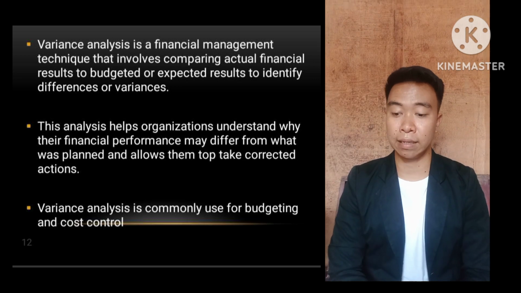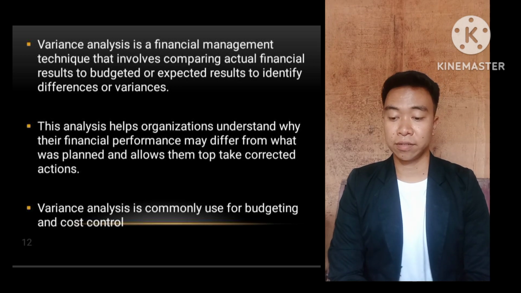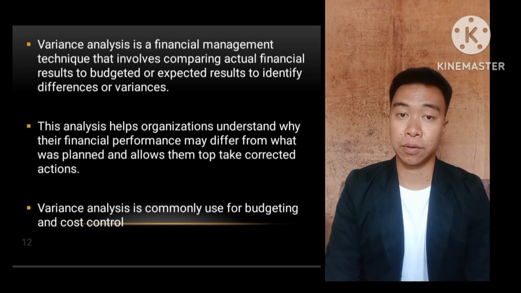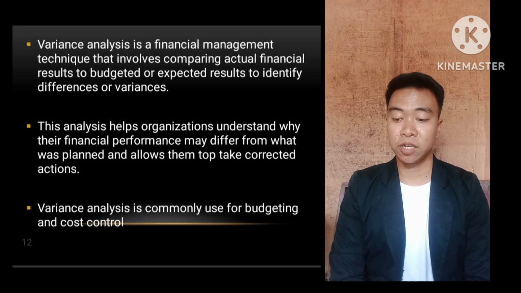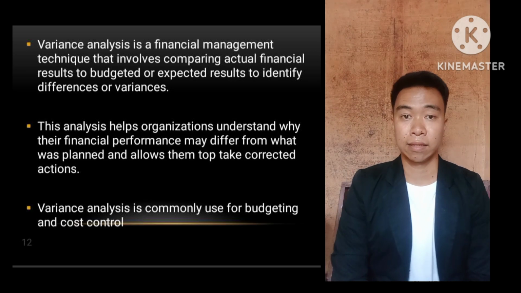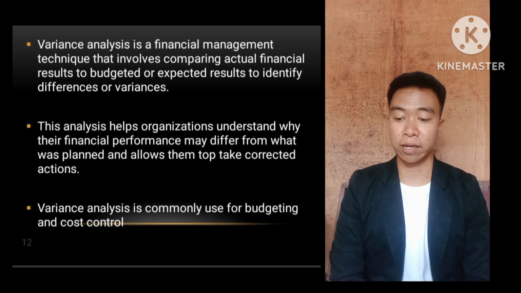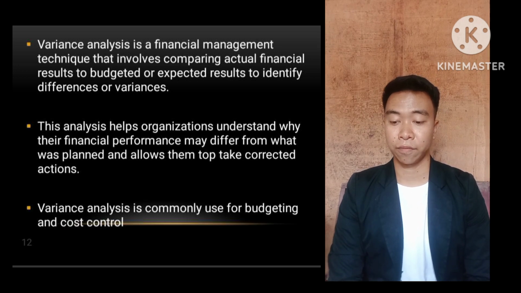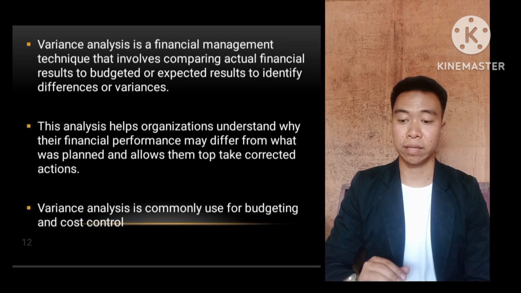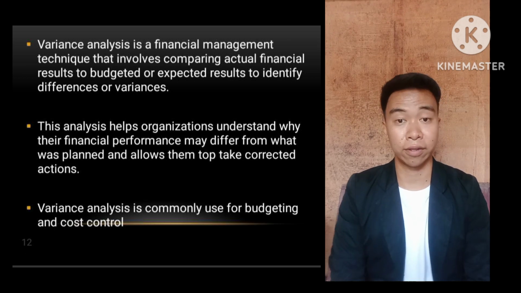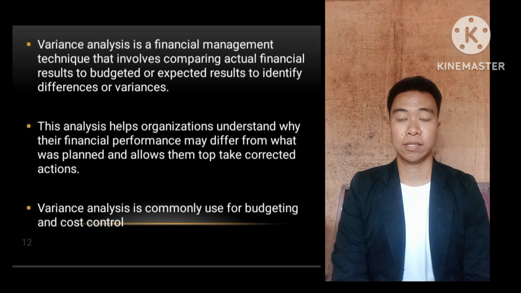So your plan was to sell 500 items for 50,000. So the standard price per item was 100. So for you to be able to get the target of 50,000, per item you have to sell it at 100. So is that clear?